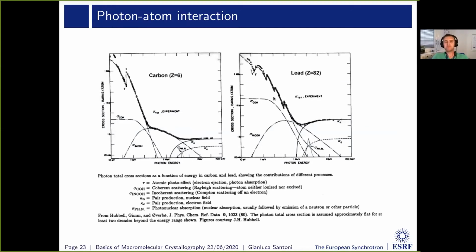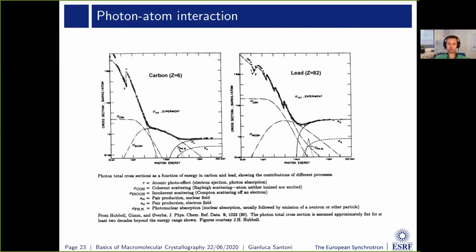So photons, at least at the energy domain of the X-rays, interact with the electrons around the atoms, which means the higher the atomic number, the higher will be the so-called cross-section, or the probability of interaction between the X-rays and the sample. Here we can see the cumulative cross-section of photon-atom interaction over a very wide range of energy for both carbon and lead.